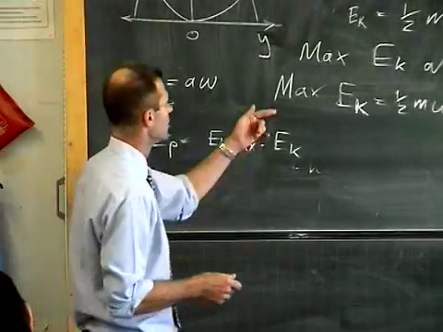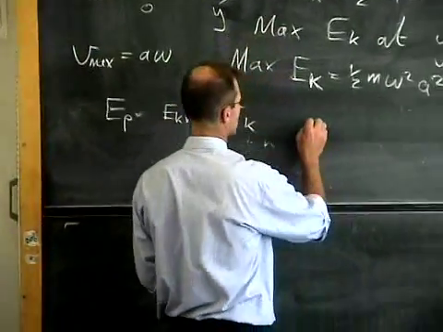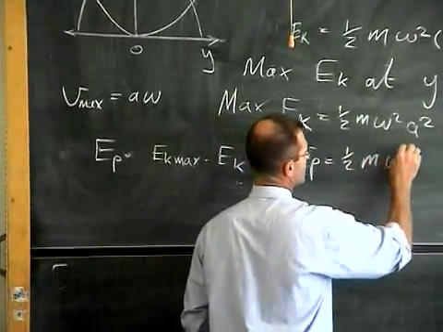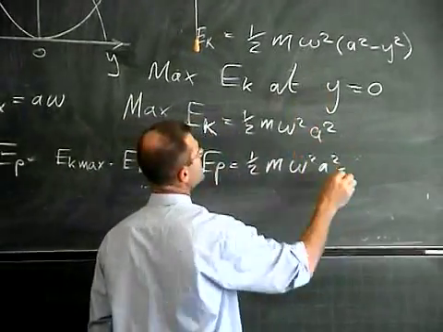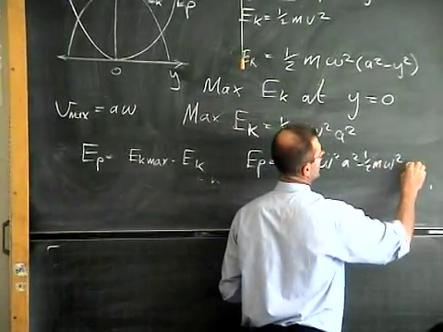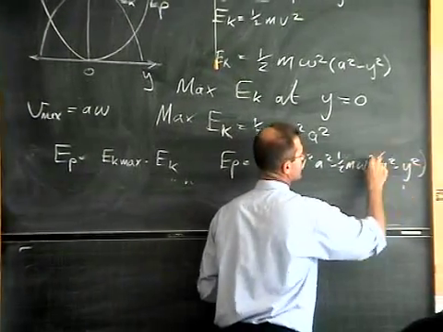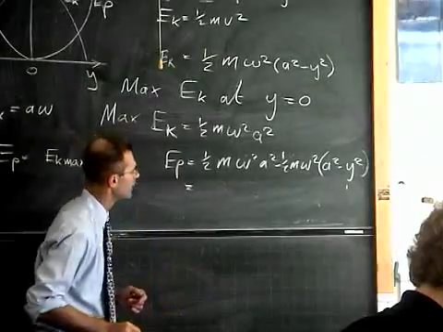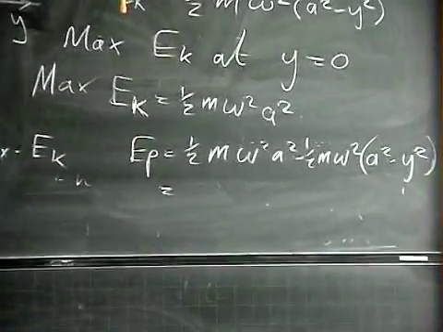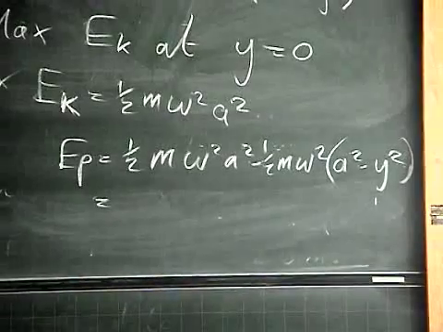So that's actually going to be half of m omega squared a squared minus a half of m omega squared times a squared minus y squared. I think I've got all the right squareds and halves and m's and omegas in there. What does that leave you with at the end of it?